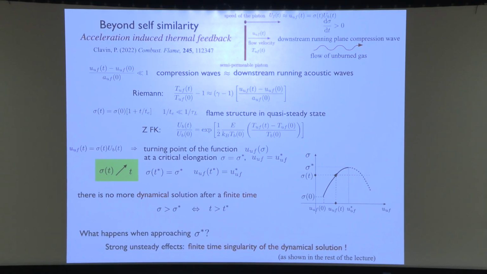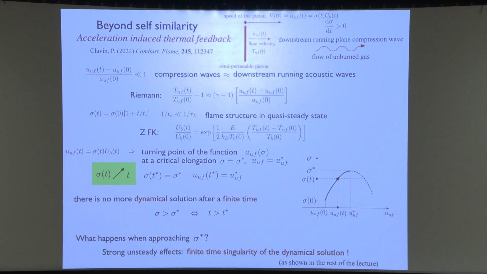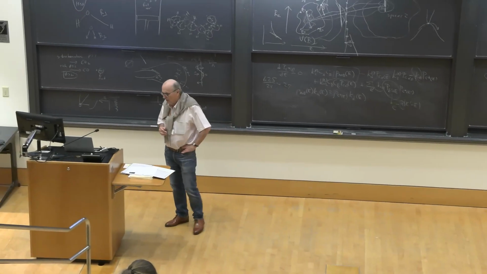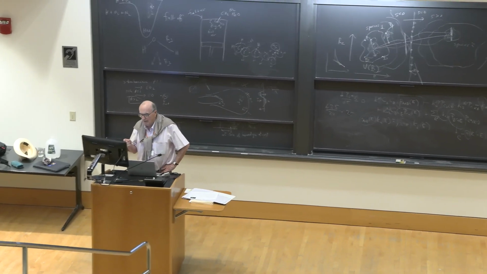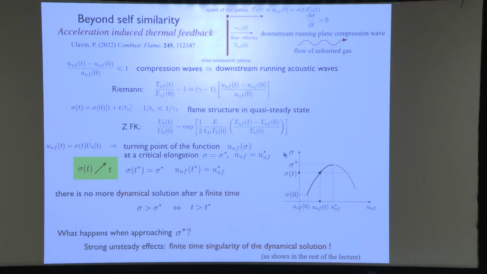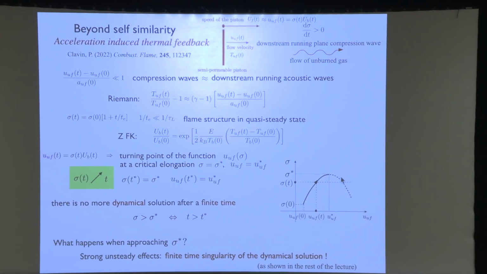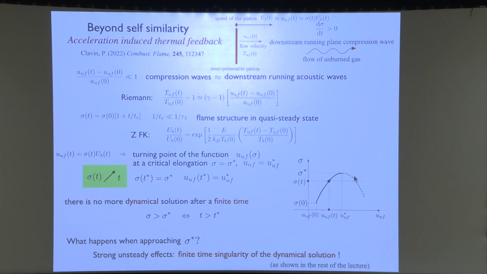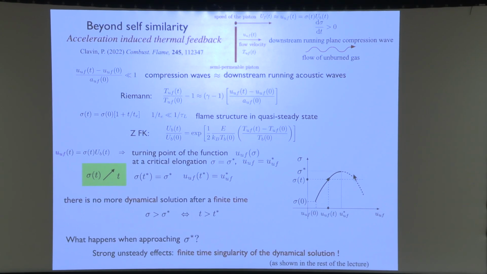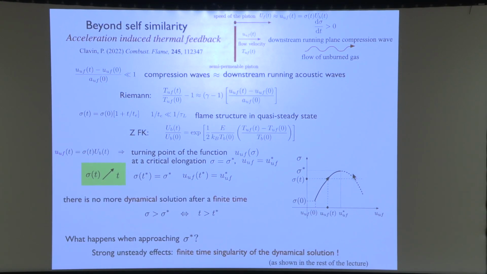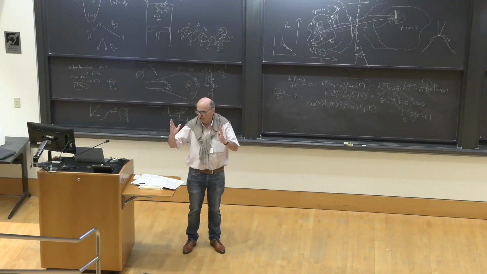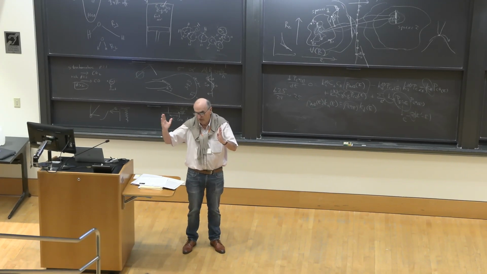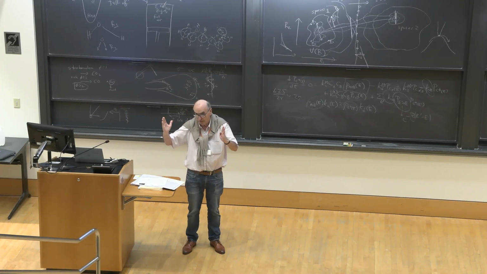So I found, taking into account the unsteady compressible effect in front of the flame, a situation similar to the self-similar solution that describes a flame propagating at constant velocity with a lead shock ahead also propagating at constant velocity.